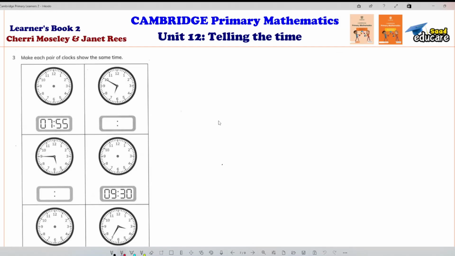Next one, look, now here it is mentioned: make each pair of clocks show the same time. So this is a digital clock and this is an analog clock.